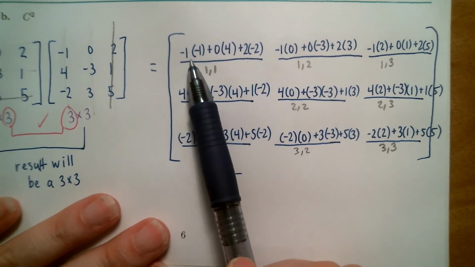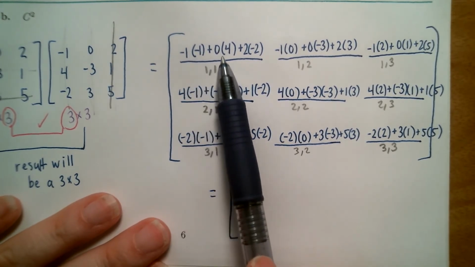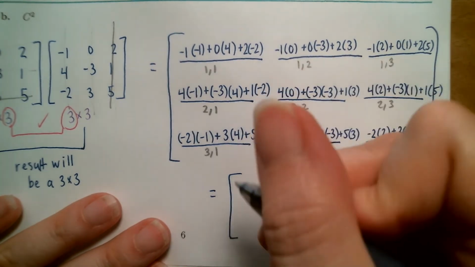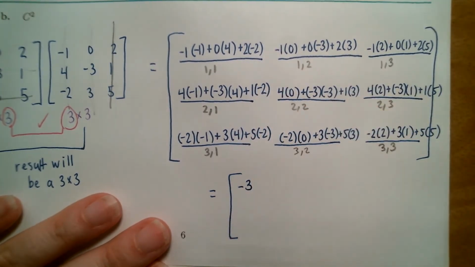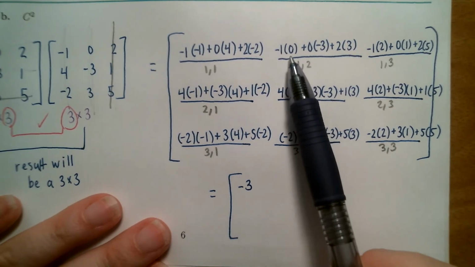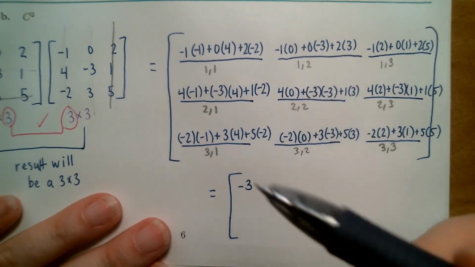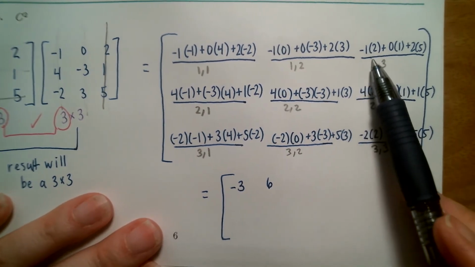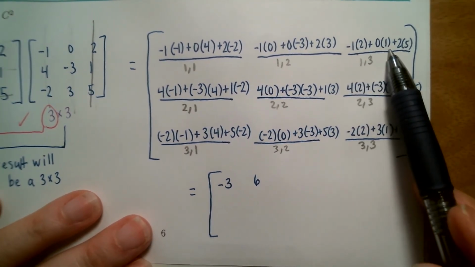This is going to be 1 plus 0 minus 4. So 1 minus 4 is going to give us a negative 3. Okay, and then over here, 0 plus 6 is 6. And then right here, negative 2 plus 0 plus 10.